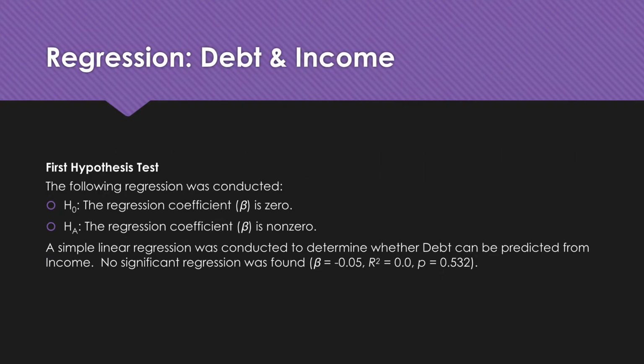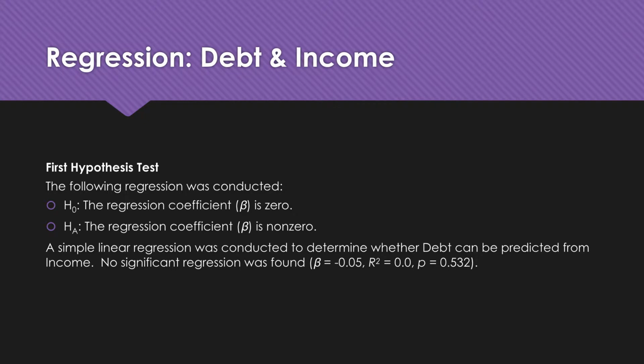Okay, so next we will move on to the three different use cases. The first use case is debt versus income. Here the null hypothesis is that the regression coefficient is 0. The alternate hypothesis is that the regression coefficient is non-zero. The regression coefficient is nothing but the slope.